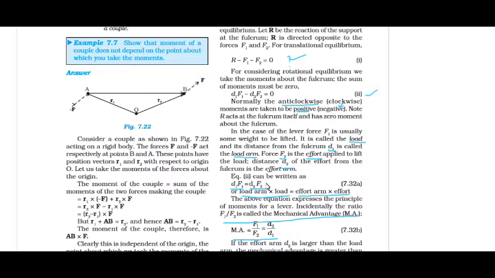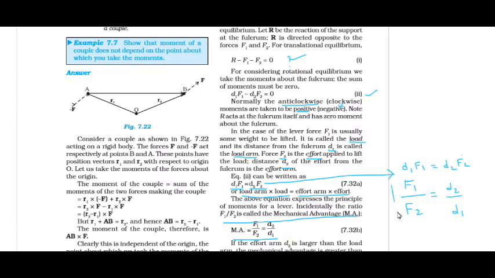So how did this come? This came from this equation. We can write d1 f1 is equal to d2 f2. Now f2 came to this side, so it is divided, and d2 is left here, and d1 went to the other side.